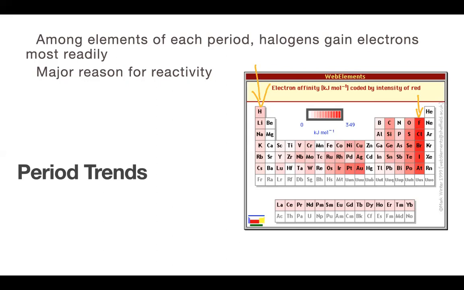The same exact reason can be applied with reference to electron affinity, meaning the halogens have the highest electron affinity, meaning they really want an electron for their neutral atom. And that is the reason for their reactivity. So like I've said before, I think when you get a group 1 metal together with a halogen, whoo boy, that's a party. What about going down a group?